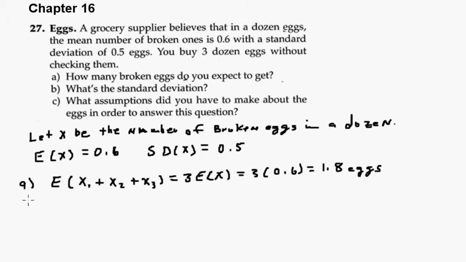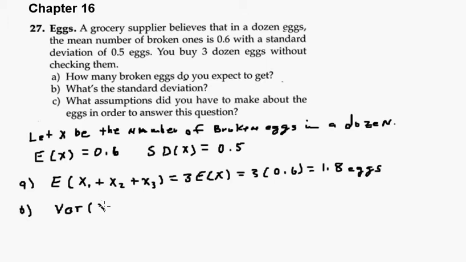Okay, so now B, what's the standard deviation? Okay, so if we said the standard deviation of 3 times x, that would be wrong. And then what we would do is we'd say 3 squared. But what that says is that it was scaling the purchasing of buying 1 dozen eggs. That's not really what's happening.